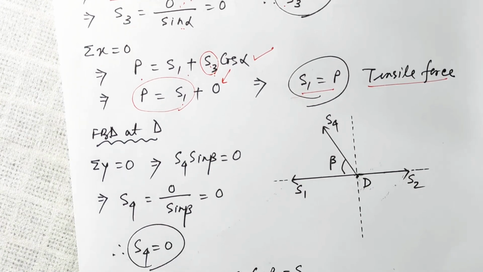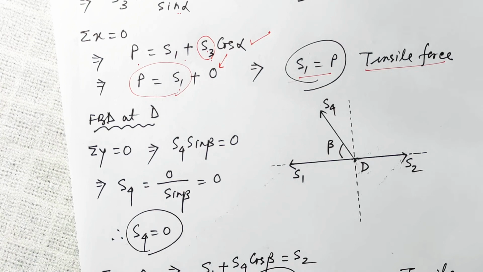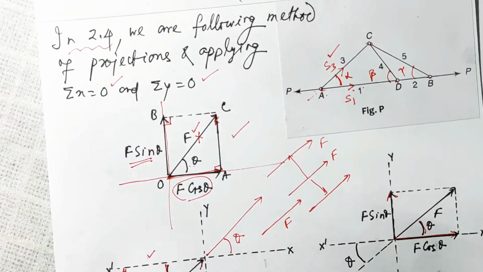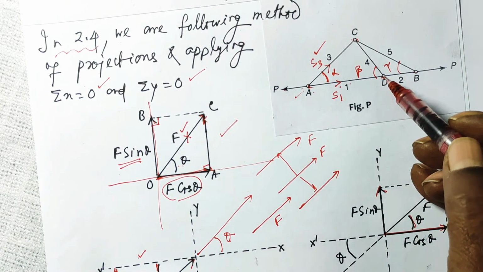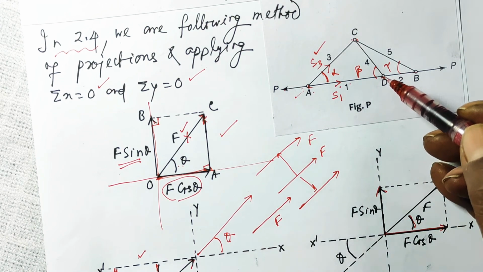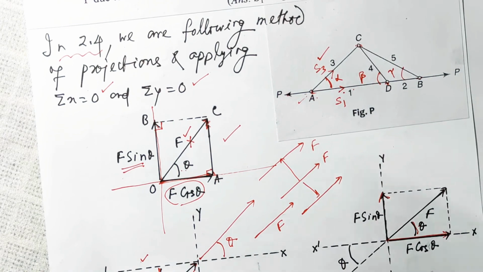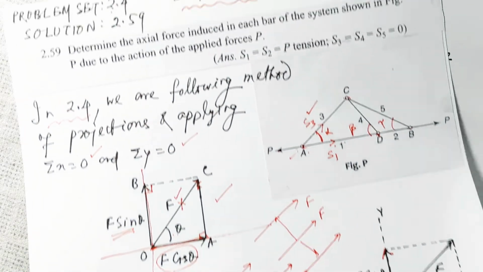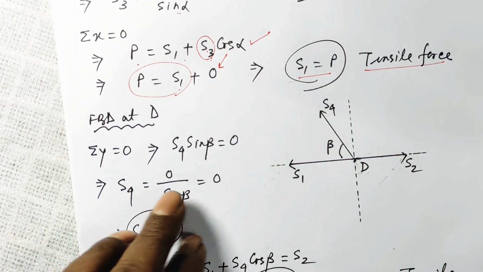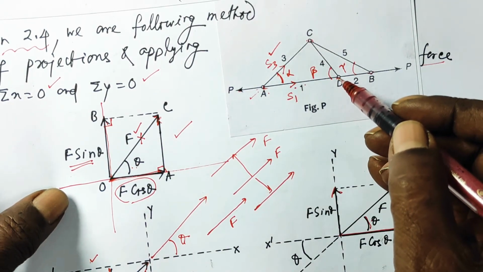Now let us do the free body diagram at point D. You can apply the free body diagram at point B later on. So let us begin with D. Now this is your point D, the same as this point.